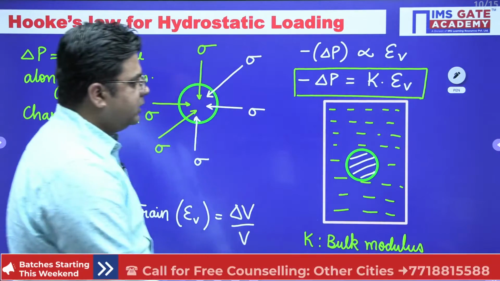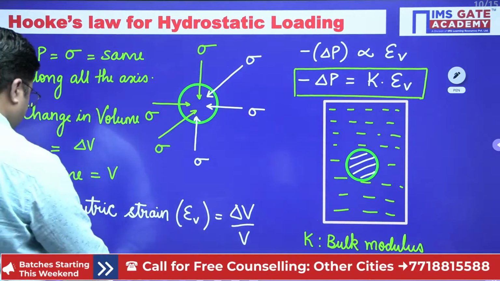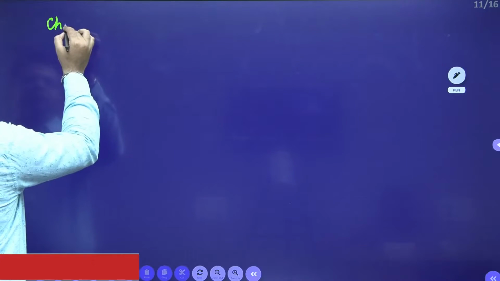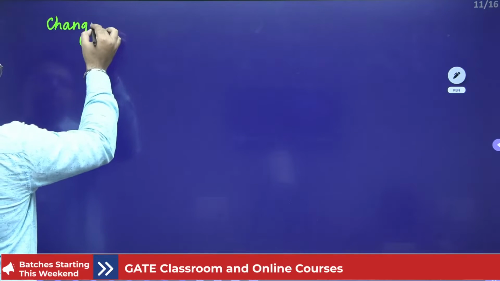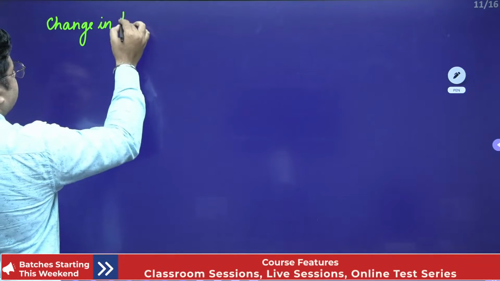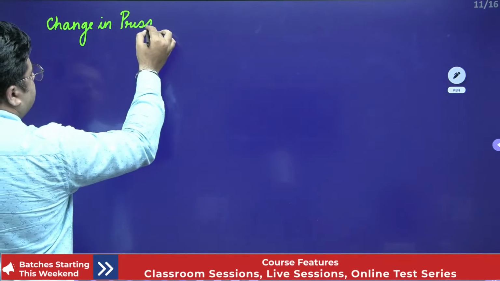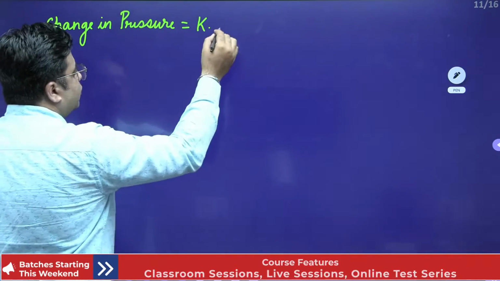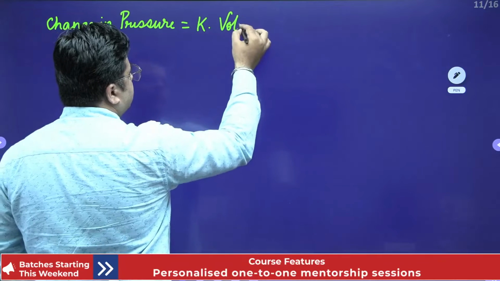K is termed as the bulk modulus. So you can write your change in pressure is equal to K into volumetric strain.